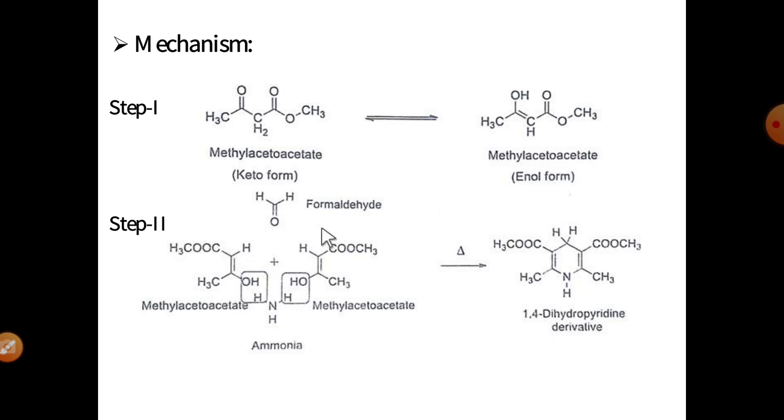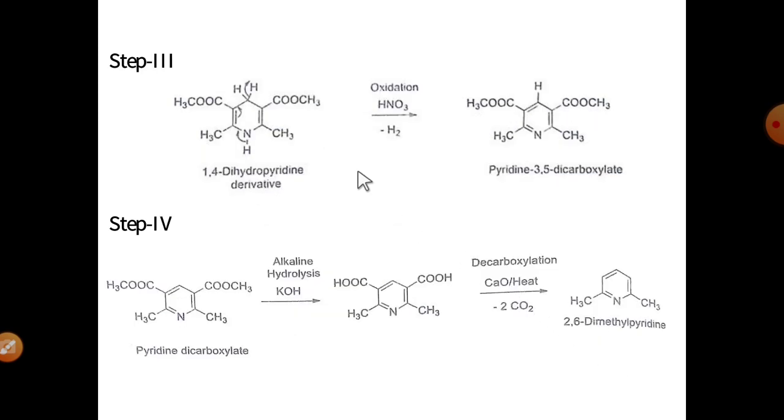It reacts with this formaldehyde molecule and ammonia. See the simple condensation: removal of a water molecule, again removal of a water molecule. It gives a 1,4-dihydropyridine derivative, and this 1,4-dihydropyridine derivative on oxidation in presence of the oxidizing agent nitric acid, HNO3, undergoes aromatization of the ring. It gives finally pyridine 3,5-dicarboxylate.